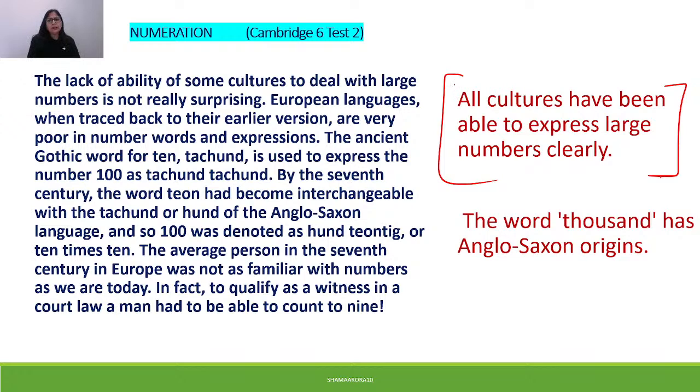Okay, all cultures have been able to express large numbers clearly. So read this particular statement only and answer the question. The answer is here only.